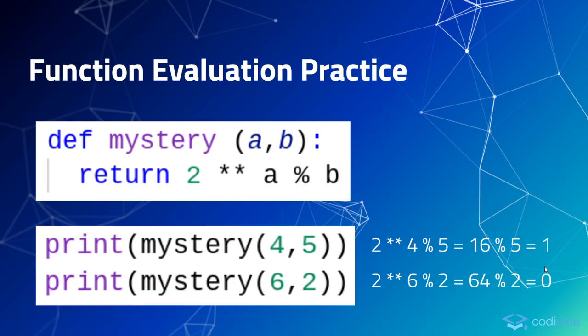Another way we can evaluate this in an easier way is through some basic math. If we multiply 2 by itself a few times, which is what we're doing when we're doing 2 raised to the 6th power, it will still be divisible by 2, confirming that when we do 2 raised to the 6th, modulus 2, the result has to be 0.